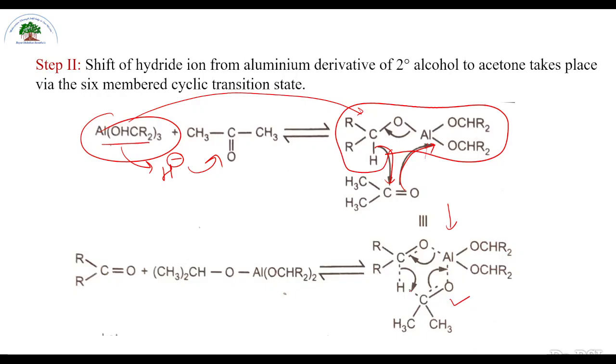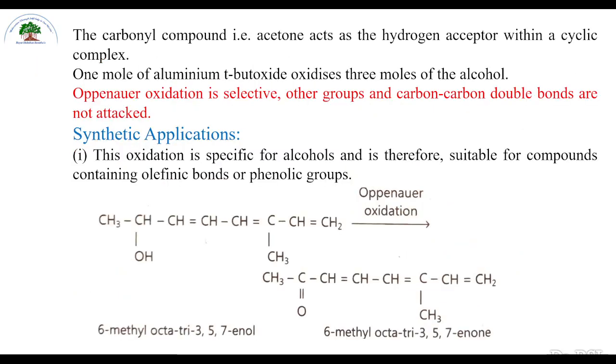In this six-membered cyclic transition state, through a concerted mechanism, simultaneous bond formation and bond breaking takes place, which gives rise to ketone, and the carbonyl compound, that is acetone, acts as a hydrogen acceptor within a cyclic complex.